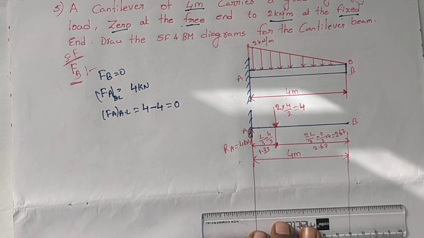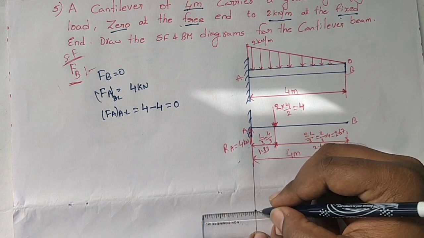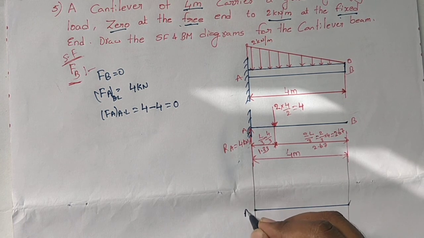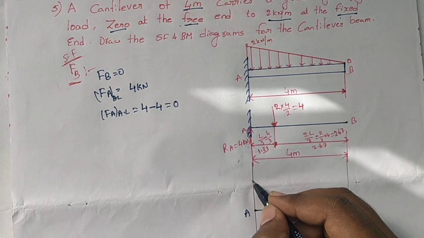For that, first draw the baseline. It is the baseline, with points A and B. At point B the shear force is 0. At point A the shear force is 4.